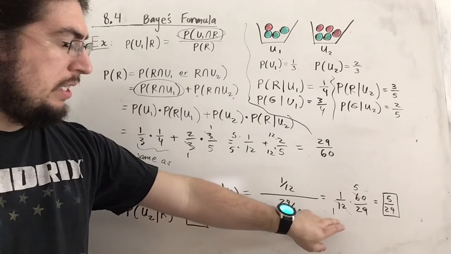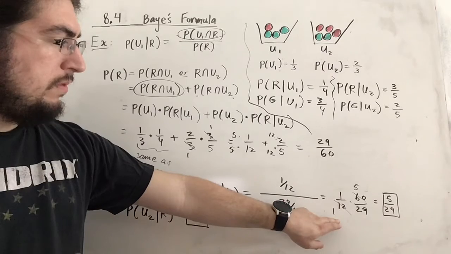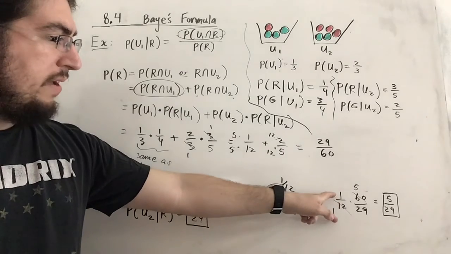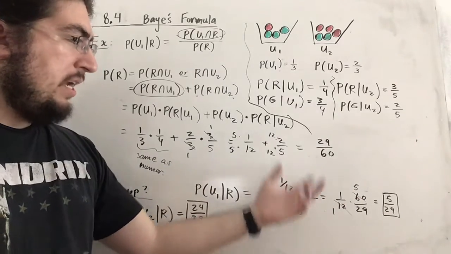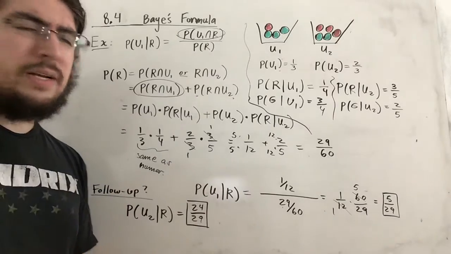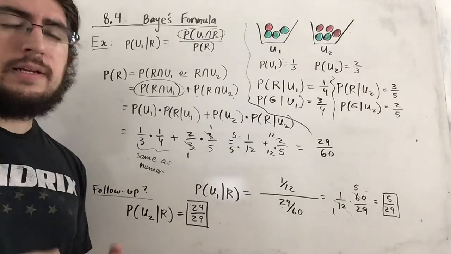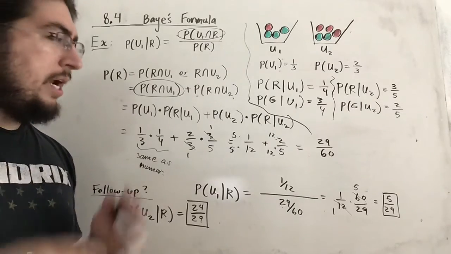So let's see. If it was 2 over 5, let's see, 2 times 60 is 120, and divided by 5 is indeed 24. So you do get 24 over 29. I just did kind of a quick calculation in my head to make sure that this is indeed correct. But again, because it's the complement of that, it should also line up too. Anyways, I'll stop rambling on.